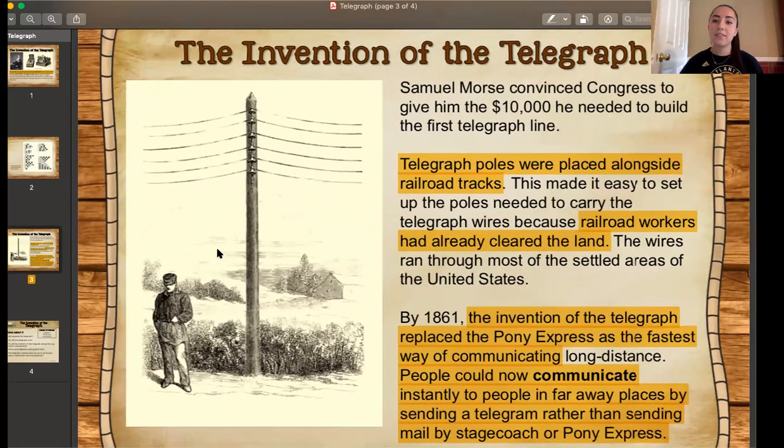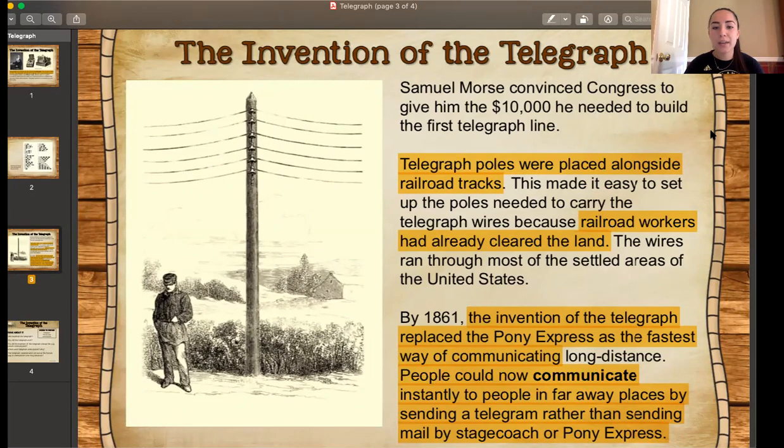Samuel Morse convinced Congress to give him $10,000 that he needed to build the first telegraph line. Telegraph poles were placed alongside railroad tracks. This made it easy to set up the poles needed to carry the telegraph wires because railroad workers had already cleared the land.